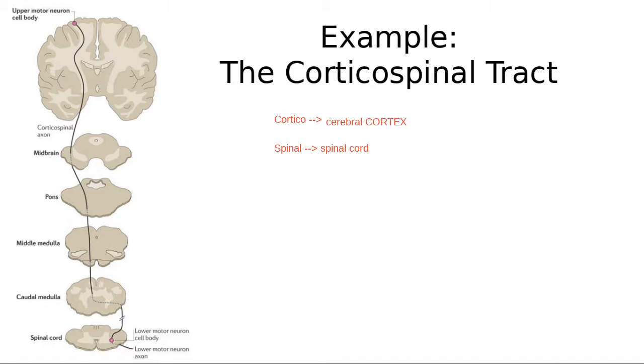This is our first example of a descending tract. And when we talked about descending tracts, what kind of information did I send in a descending tract? What kind of information goes down? Yeah, motor information is the kind that goes down.